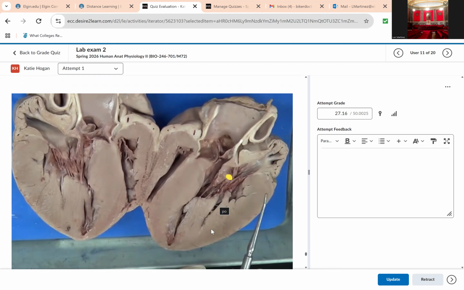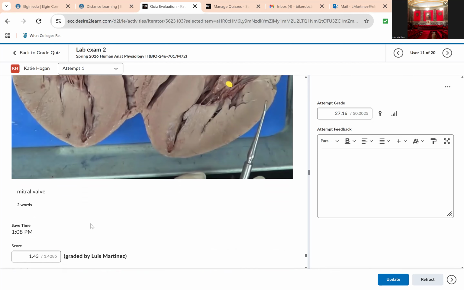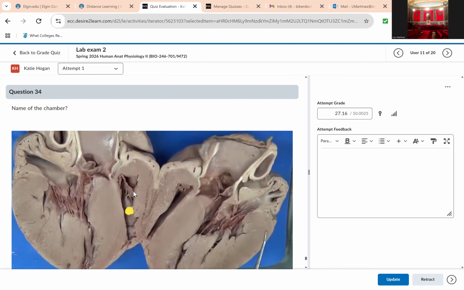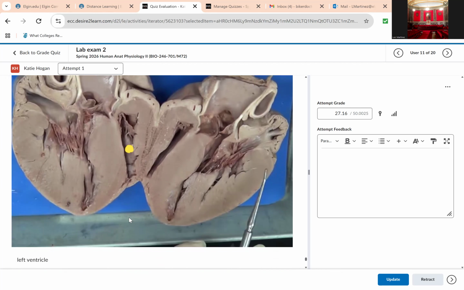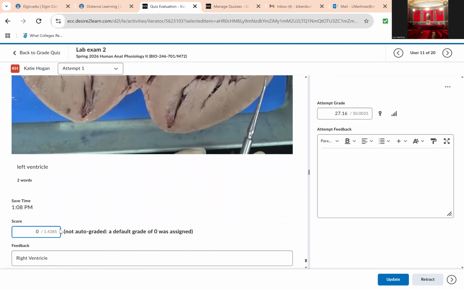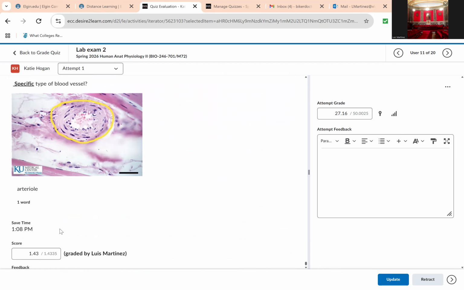This has more muscle here, and this has less muscle here. So the ventricle with the most myocardium, or cardiac muscle, is the left. So this is the left ventricle, and that valve there is the mitral valve. So you got it correct. And then name of the chamber, this here is the right ventricle, and your answer was the left ventricle, so that's incorrect. And this is an arteriole, and that's a correct answer, what you got there.